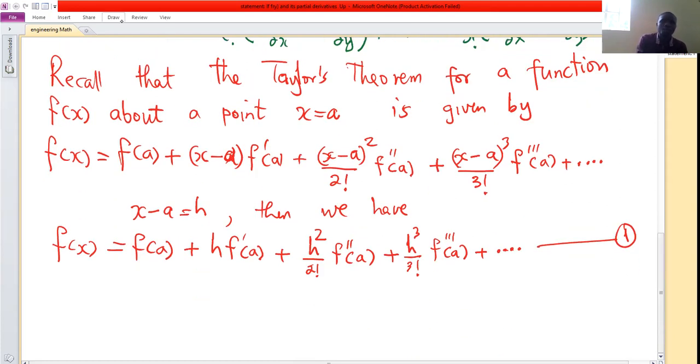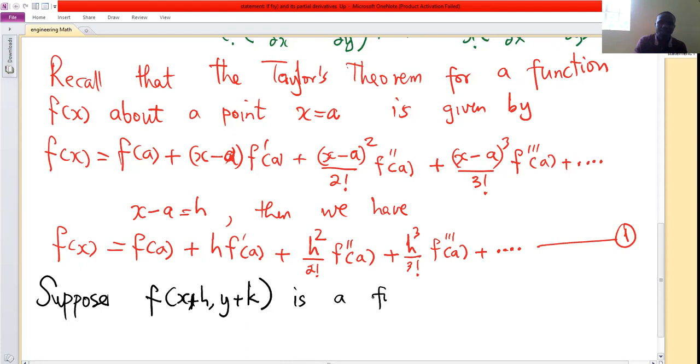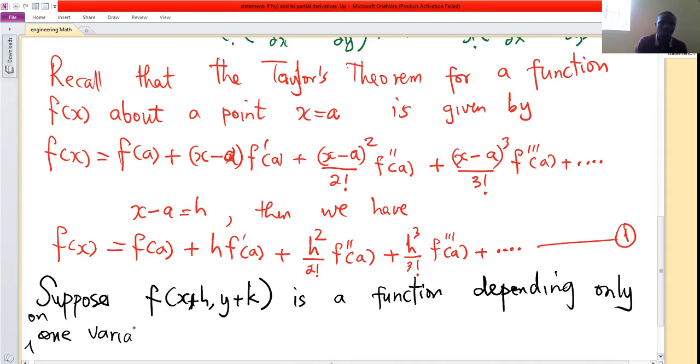So we assume that, let's suppose that now for our case, f of x plus h, comma y plus k is a function depending only on one variable, say x, so that y is assumed to be constant.